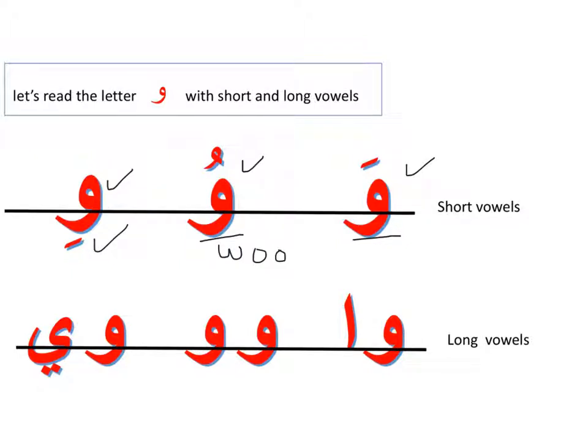Now, what about the letter wa with the long vowels? We have wa, wu, long one, wi, wa, wu, wi.